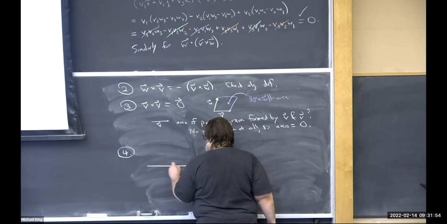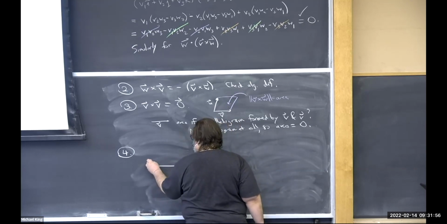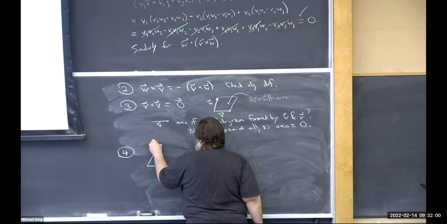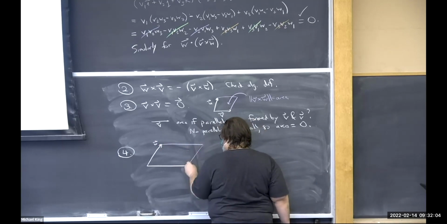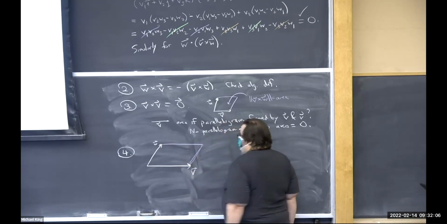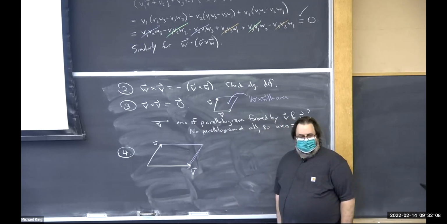So that's V, let me draw it horizontal, and W is like this. And then we have this parallelogram formed by them. What is the area of a parallelogram? Like the old geometry way. How do you find the area of a parallelogram?